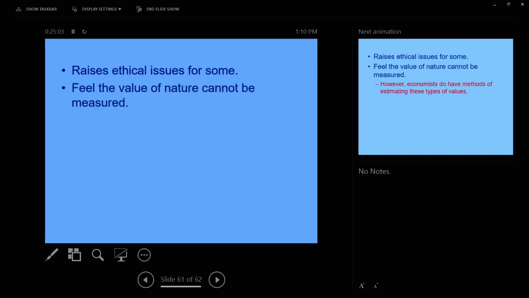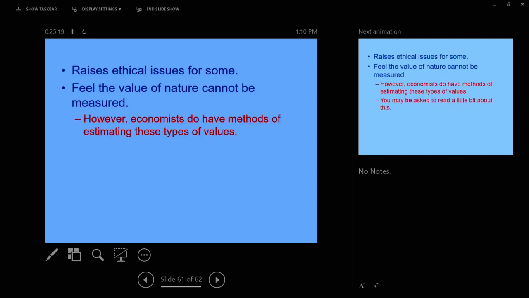For example, maybe some people feel that the value of nature can't be measured, that nature in and of itself has no price tag, that we can't possibly put any kind of dollar figure on it. But in reality, that's not true, because economists do have methods for estimating value. There's lots of different methods for estimating value. And so if you took a class on valuation methodology, you would learn about this.